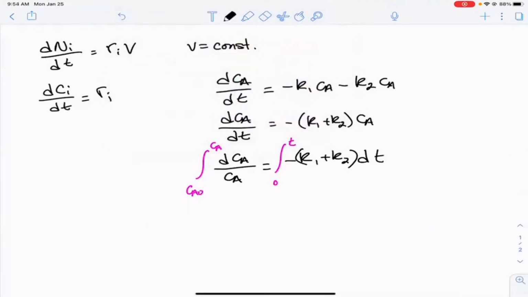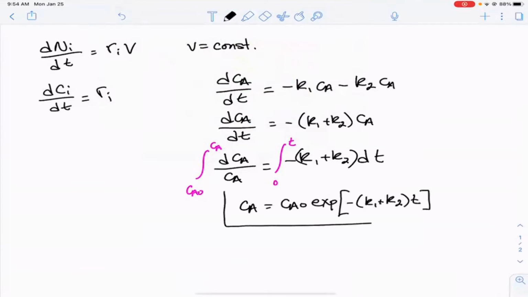And if we do that, we get essentially the same solution we had before: CA is equal to CA0 times the exponent of minus (K1 plus K2) times time, right? And there's our concentration of CA as a function of time, which was the same integral that we did before.